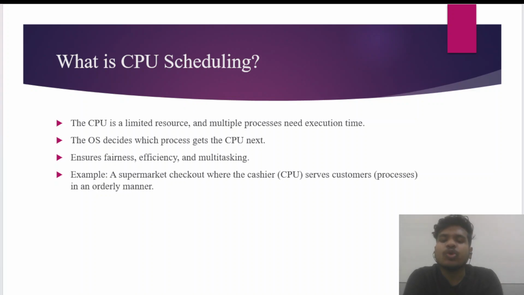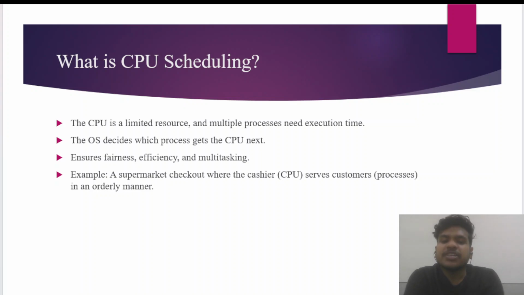Imagine a single checkout counter in a supermarket. The supermarket is very large, but there is only one checkout counter for payment. The customers waiting in the line are the processes. The cashier is the CPU that serves one customer at a time, because that is its capacity.